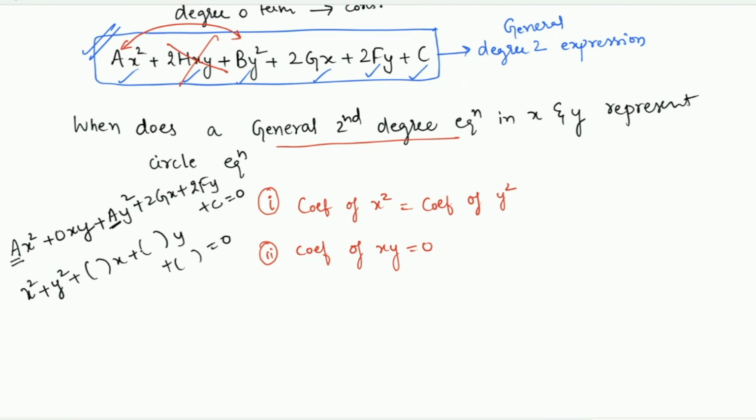That means this is in which form? X square plus y square plus 2gx plus 2fy plus c equal to 0. If you take a general second degree equation, and these two conditions are satisfied, then the general second degree equation will come like this.